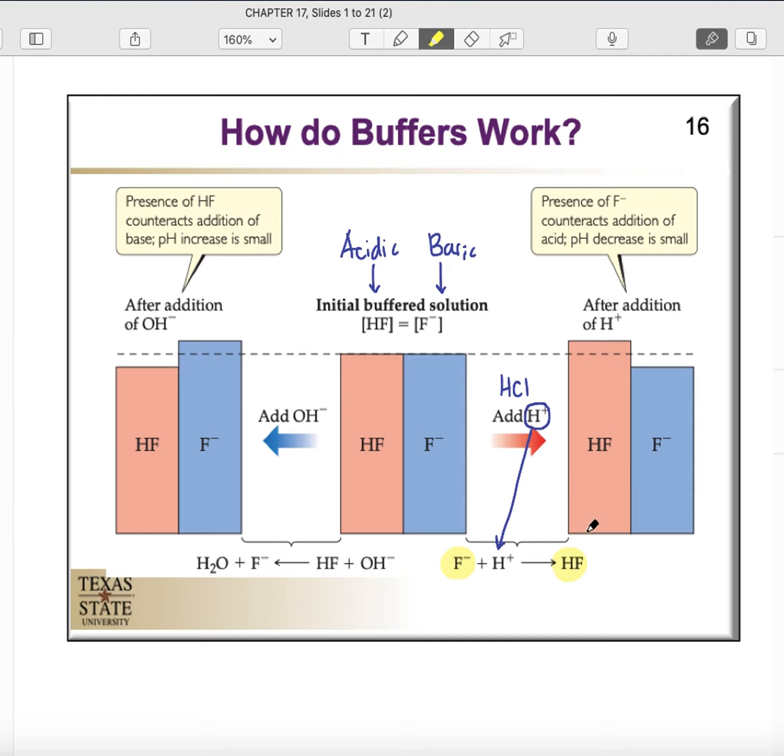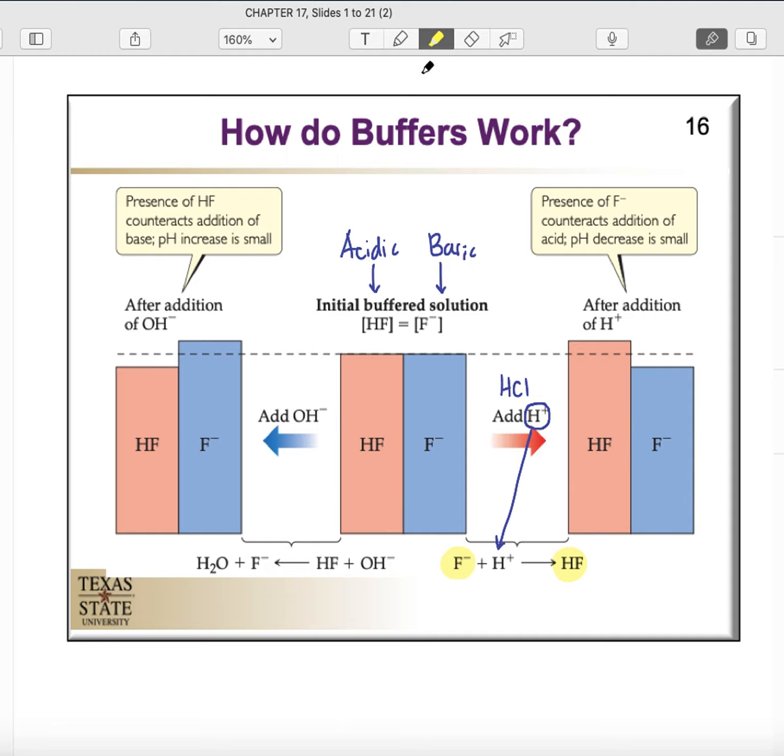So effectively, I end up increasing the amount of one of my buffer components by utilizing the other buffer component. And overall, neither of their concentrations changes too much. But effectively, I have completely neutralized that acid that I have added, right? So that's the overall role of the buffer.